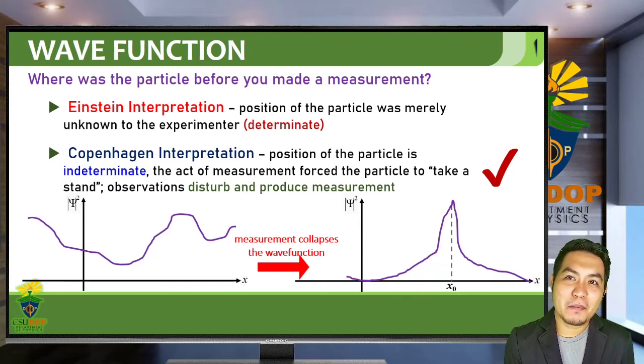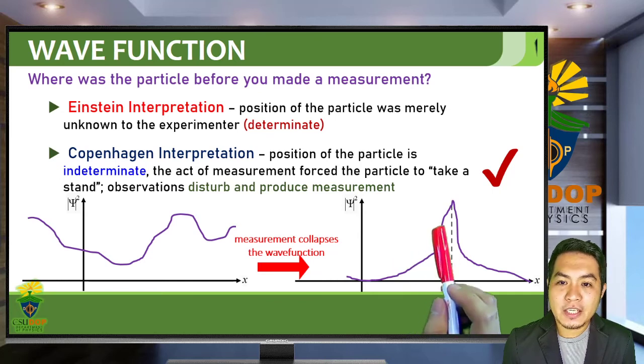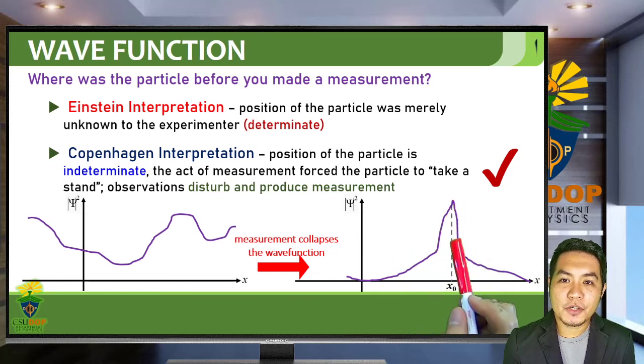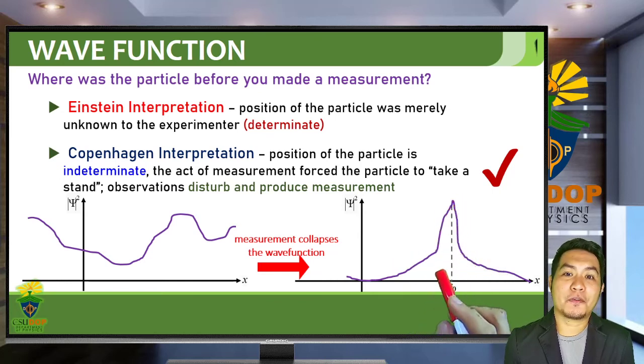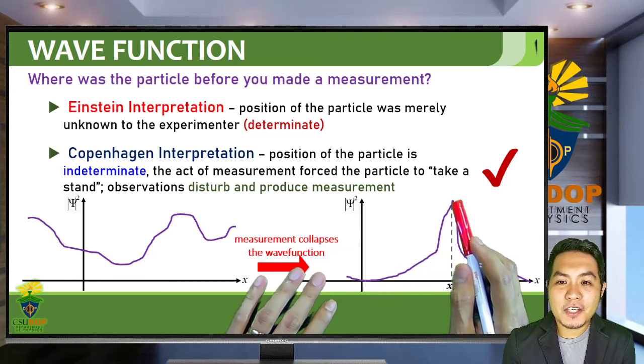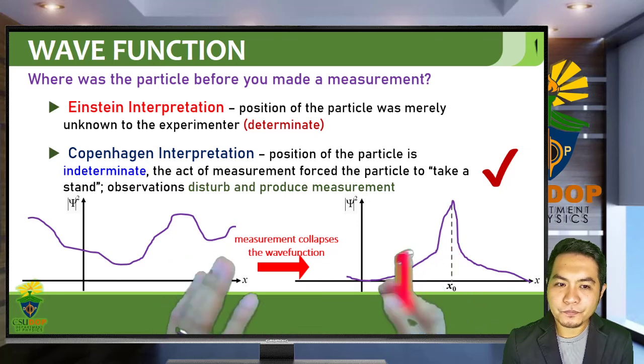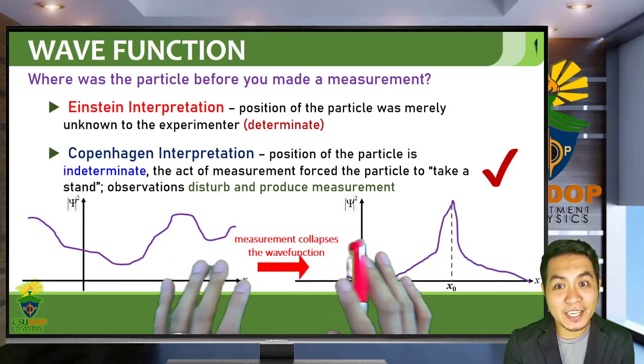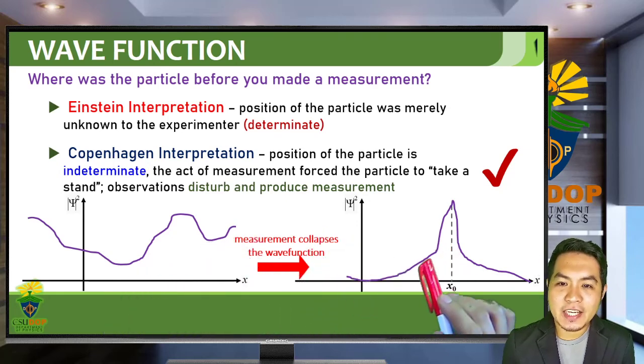Every time you make a measurement, you get a different result. Every result only has a certain probability that you will get that answer. But if you measure the position quickly after your first measurement, when the wave function has not yet relaxed, then you can still get the same value.